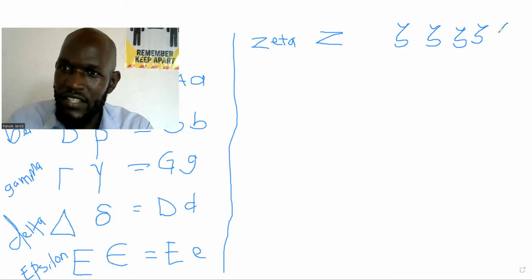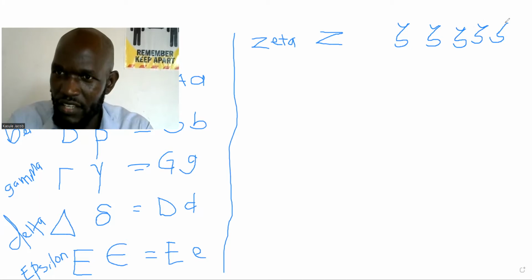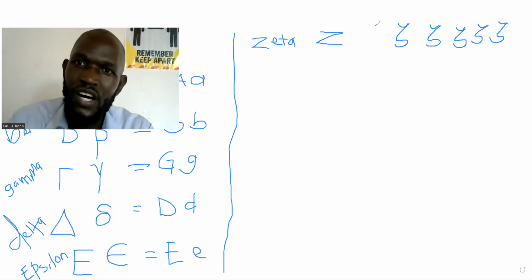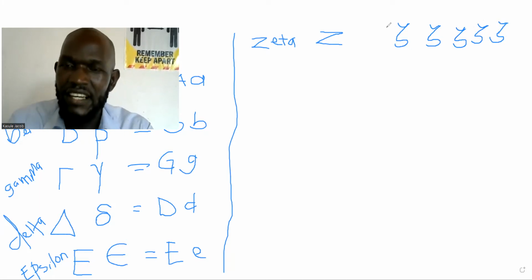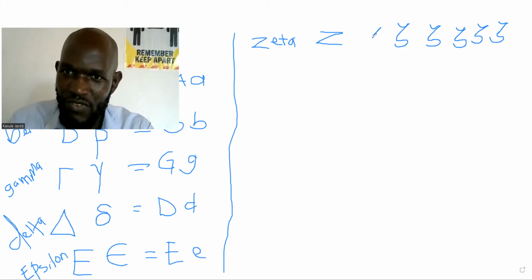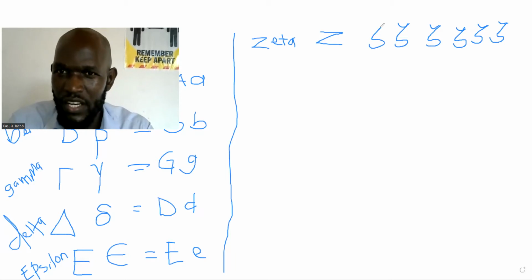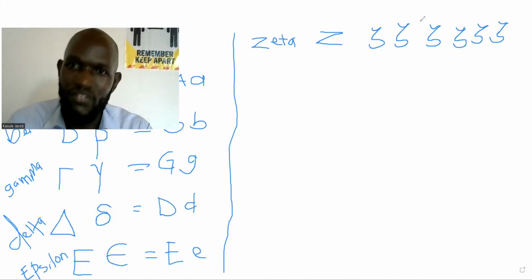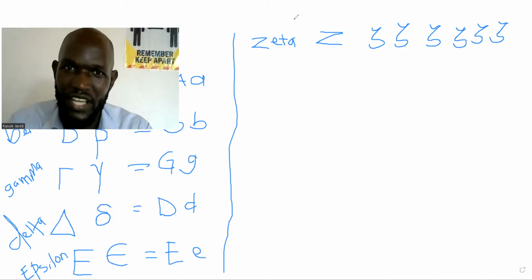You write a slanted B, you give it an ear. So that is what zeta lowercase is. So it's like you're writing that B and you are giving it an ear. You get it?